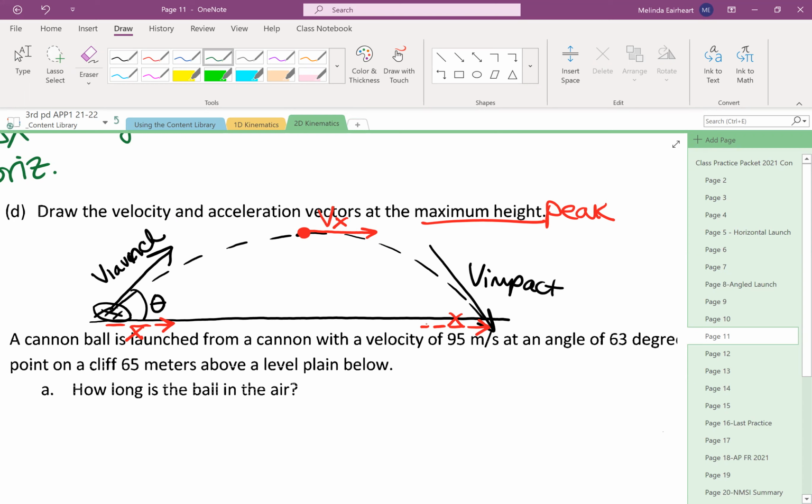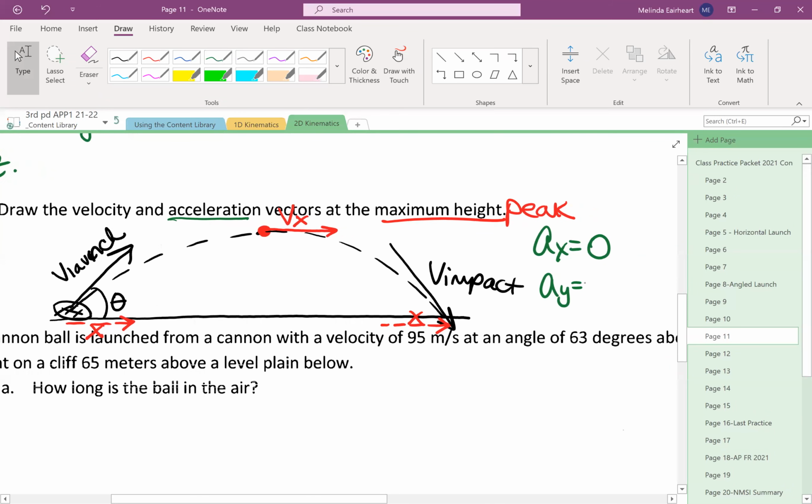And then they want the acceleration. The whole time, it doesn't matter where the ball is, acceleration in the horizontal is 0, and acceleration in the vertical, with standard sign convention, is -g, or -10 later when we calculate. So how do I draw that on the picture?